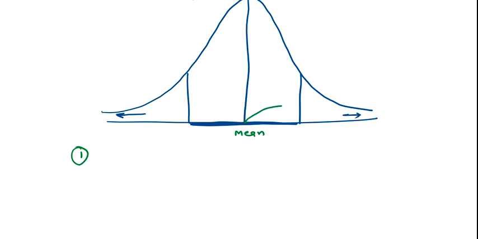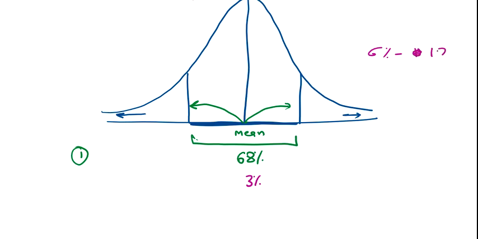Now one standard deviation away from the mean on this side and one standard deviation away on this side will cover 68% of the data, means if my mean is 3% and suppose standard deviation is 1.2%, so this part will be 4.2% and this part will be 1.8%.